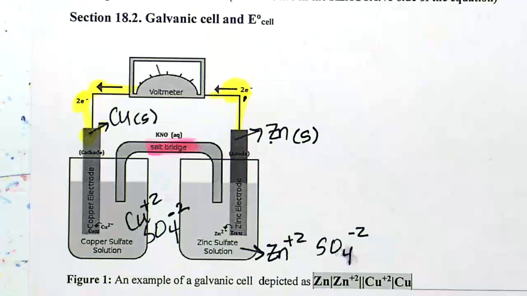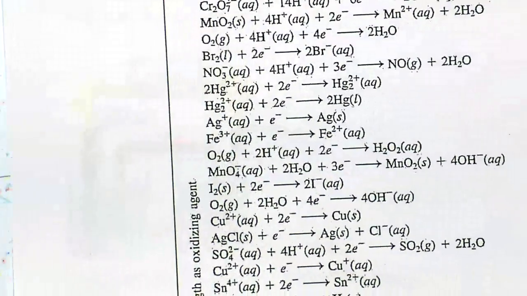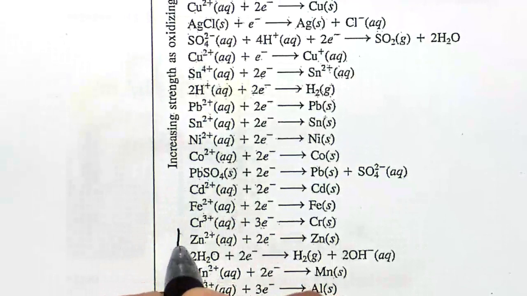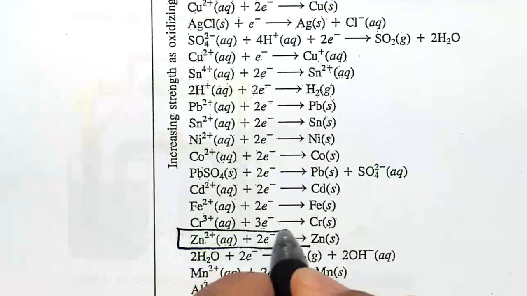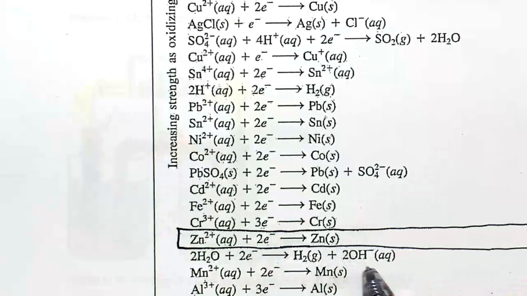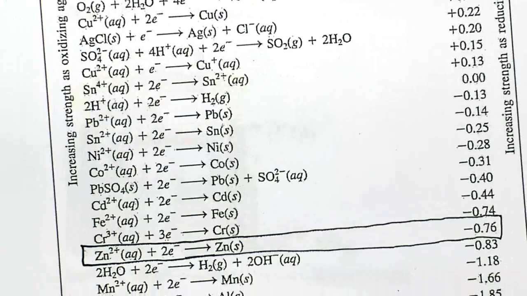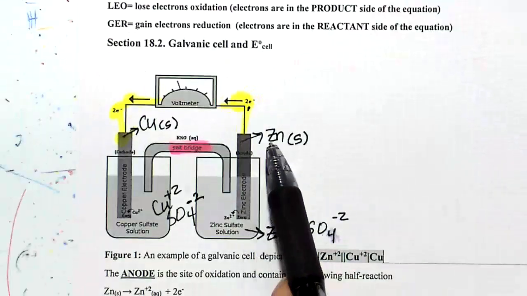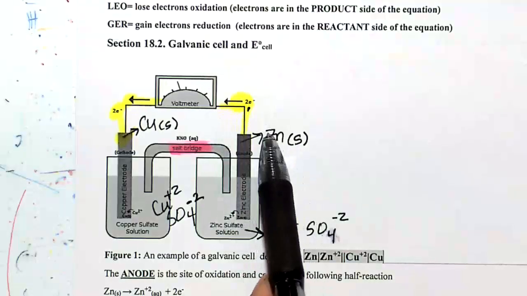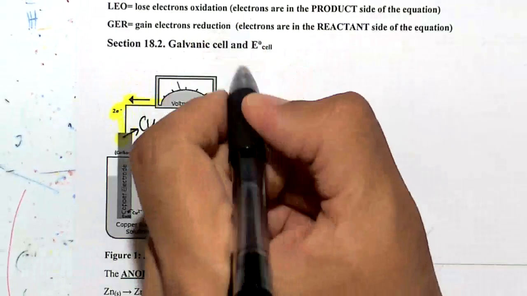Coming back to our table here, let's look at zinc. Zinc losing 2 electrons. Here, zinc is gaining 2 electrons. But what's happening in our diagram? Zinc is losing. You see the 2 electrons exiting?